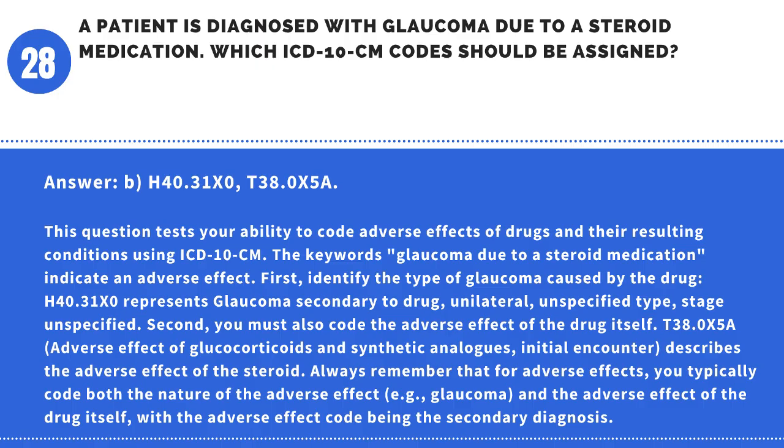Second, you must also code the adverse effect of the drug itself. T38.0X5A, adverse effect of glucocorticoids and synthetic analogs, initial encounter, describes the adverse effect of the steroid. Always remember that for adverse effects, you typically code both the nature of the adverse effect, e.g., glaucoma, and the adverse effect of the drug itself, with the adverse effect code being the secondary diagnosis.